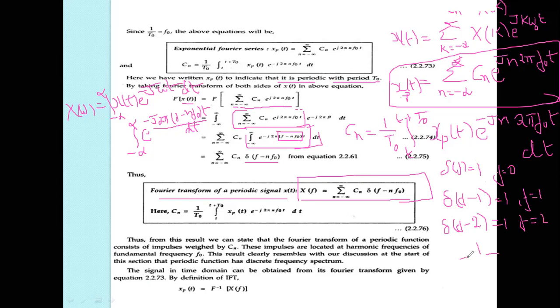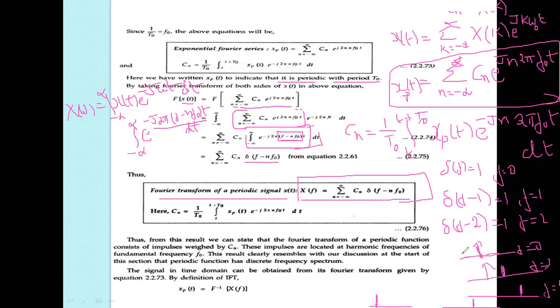So for f equal to 0, the value is 1 here, and similarly for f equal to 1 the value is 1, and for f equal to 2 the value is 1. Similarly for f equal to minus 1 and minus 2, the values are here.